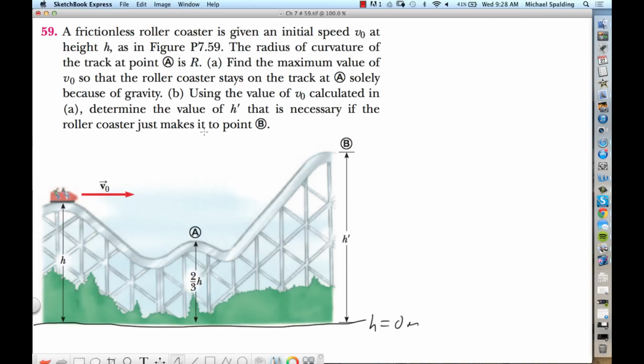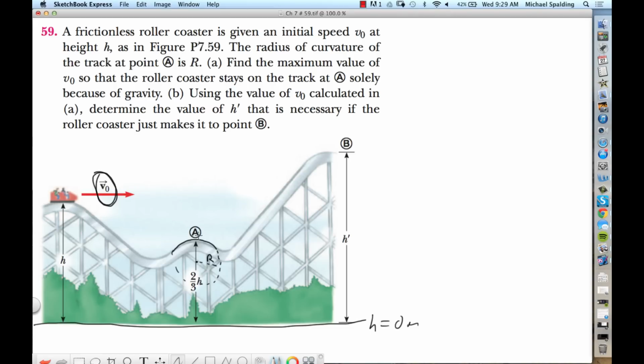So the radius of curvature of the track at point A is r. This part of the track is part of a circle. If you extend that circle, they're telling you that the radius of that circle is r. The first thing they want us to find is the maximum value of v naught, this velocity here, so that the car does not leave the track at point A, right?